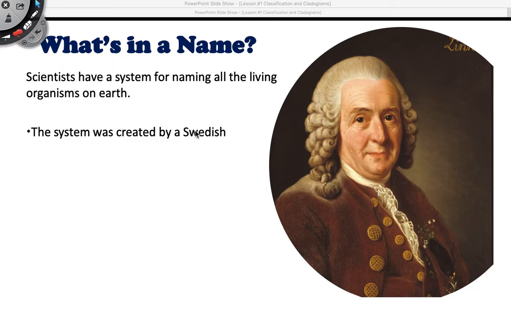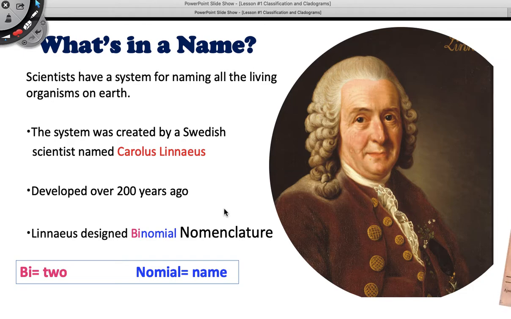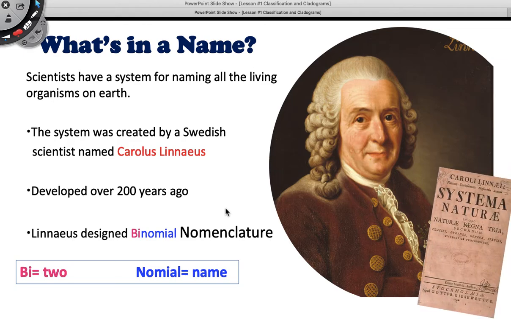This system of taxonomy was created by a Swedish scientist named Carolus Linnaeus, and this is his picture. He developed this system over 200 years ago, a system known as binomial nomenclature, and this is what his book looked like, Systema Naturae.